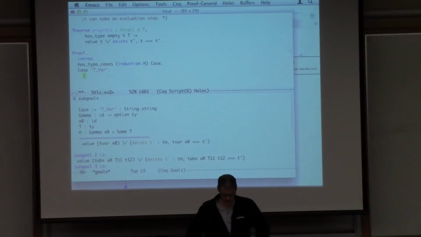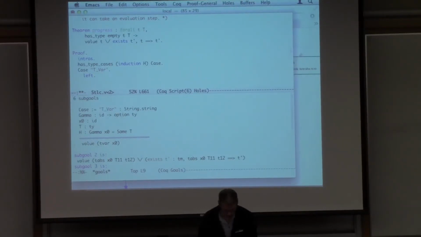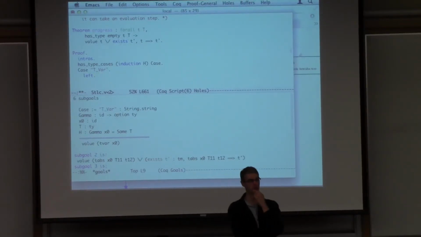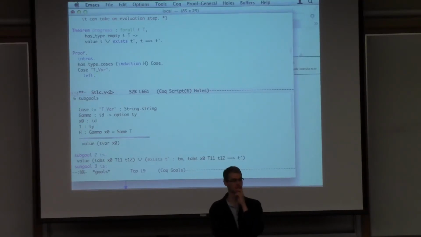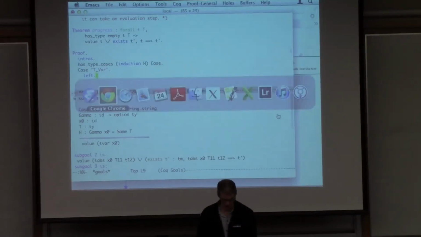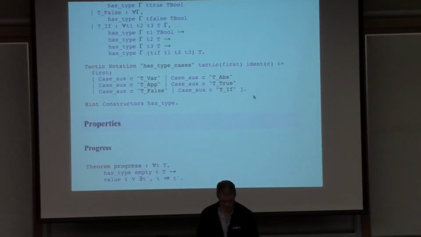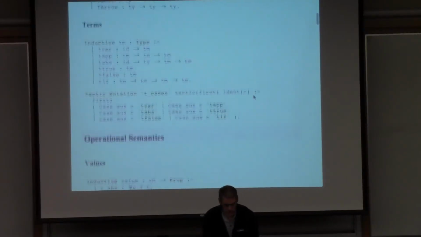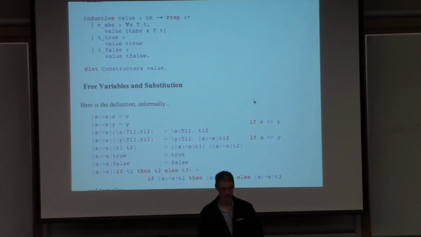Left, yeah, we certainly aren't going to succeed in showing that a variable steps. So we must have to show that it's a value. Okay, how do we do that? Well, I guess we'd better look back at our definition of value. Where was it? Here. Okay.